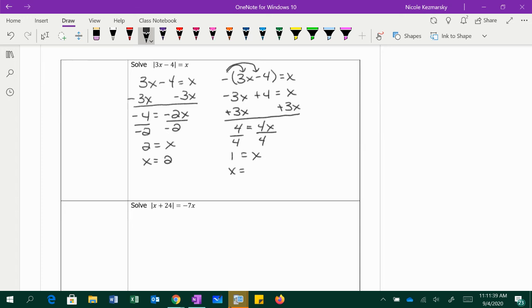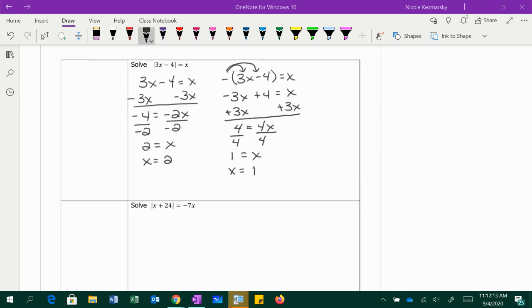Now, when you have an x on the right-hand side, not in the absolute value of some of these equations, you have to make sure that you can actually get these correct answers. Now, what I mean by that, when I take the absolute value of anything, what is it always going to be? Well, it's always going to be positive. So when I take the absolute value of 3x minus 4, I should get a positive value. Well, one of my values here, the 2 that would go right here, is positive, so that's okay.